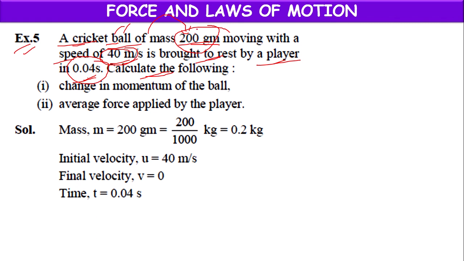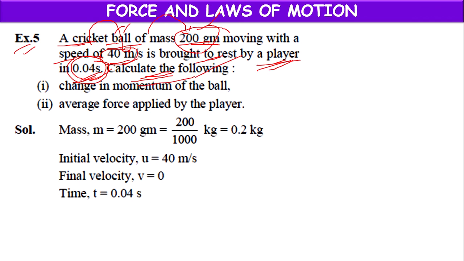Actually, a ball is having mass 200 grams. It is moving with a speed of 40 meter per second. So, while catching it, it is coming to rest. It is brought to rest by a player. By catching it, he brought it to rest. That happened in 0.04 seconds time.